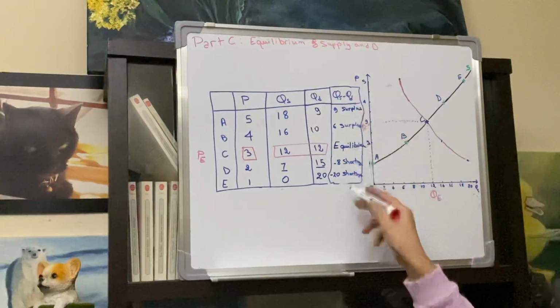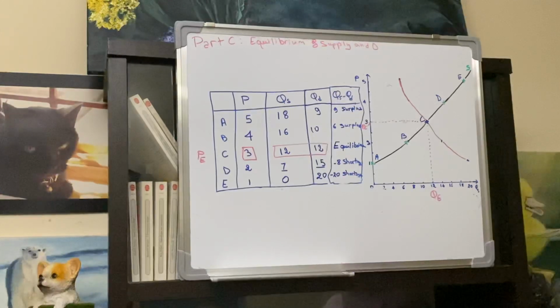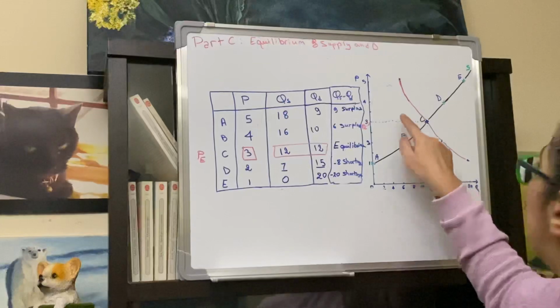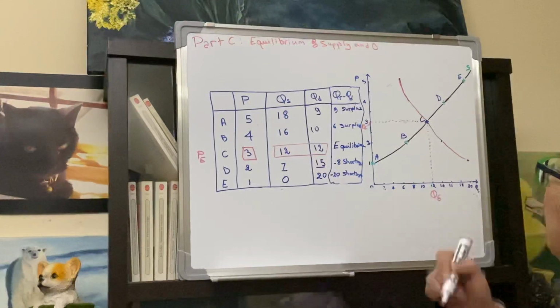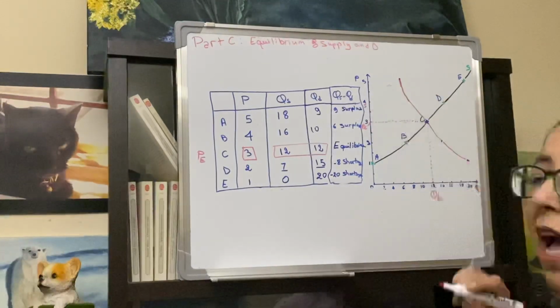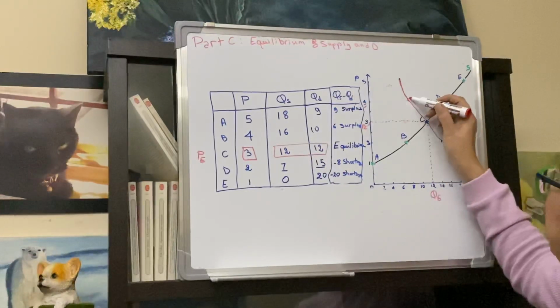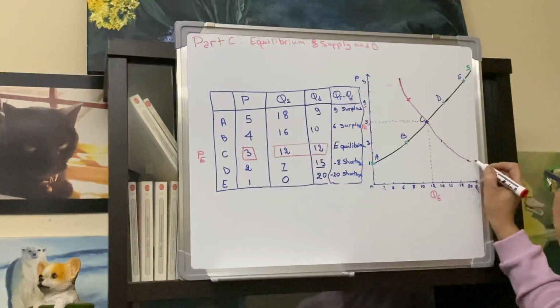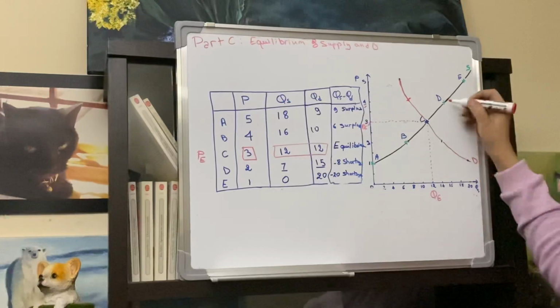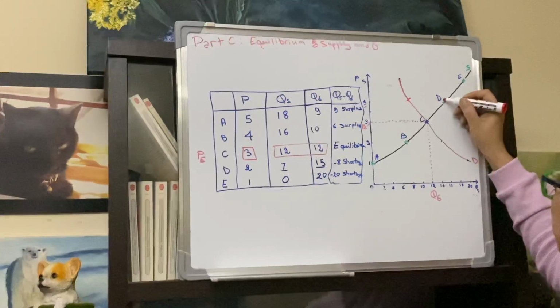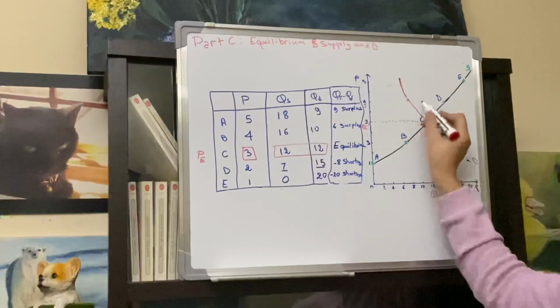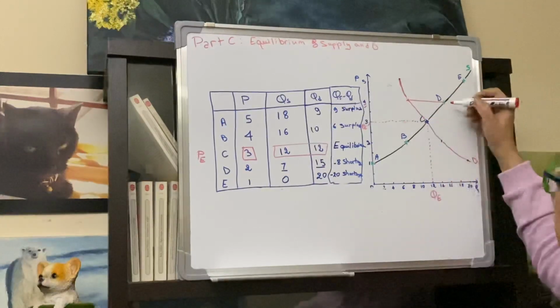Now let's look at these. Let's look at this point. Look at price 4. At price 4, my demand is here. My supply, quantity supplied, is here. Do you see it?